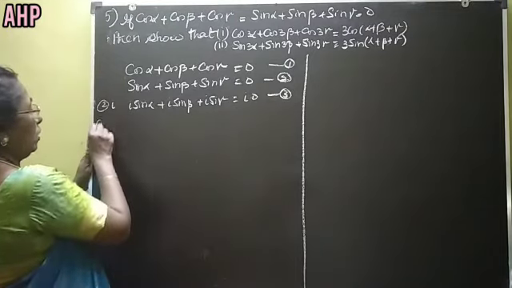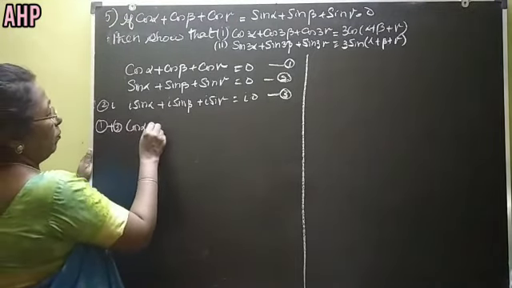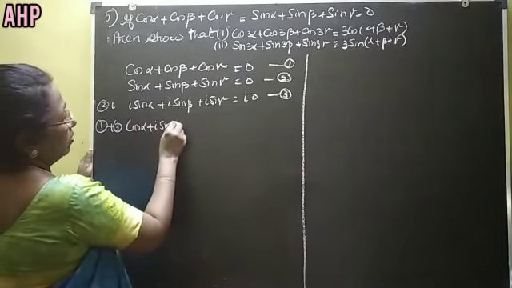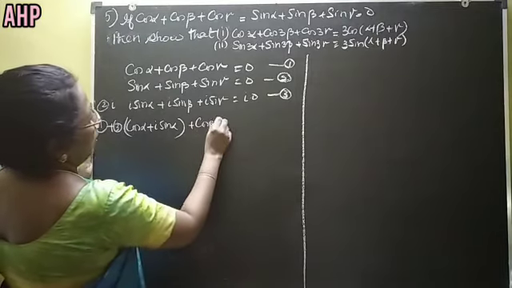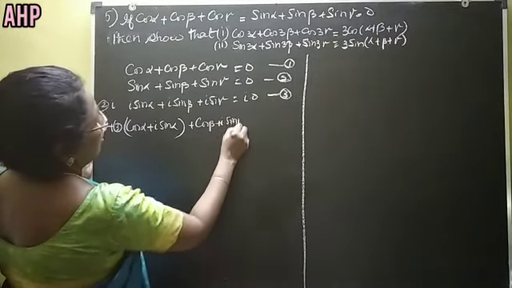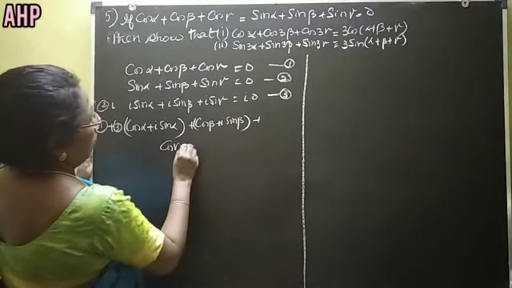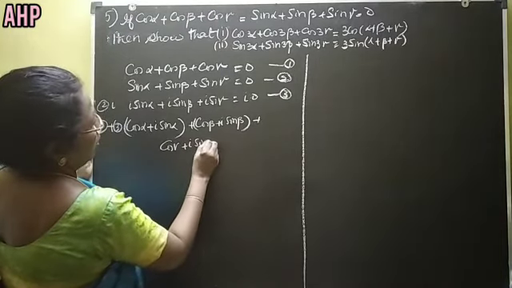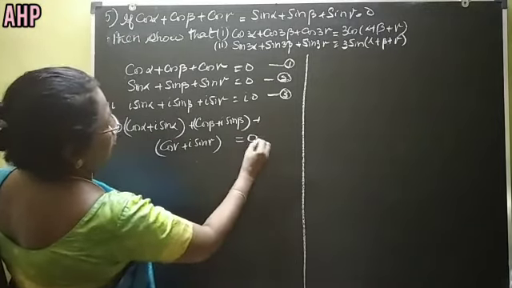Now adding 1 and 3, we get cos alpha plus I sin alpha plus cos beta plus I sin beta plus cos gamma plus I sin gamma is equal to 0.